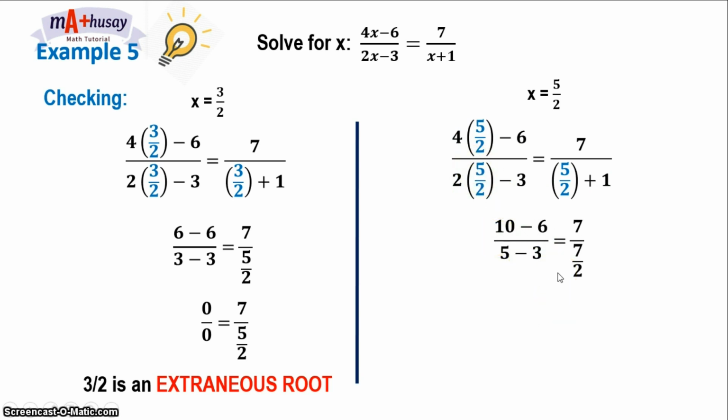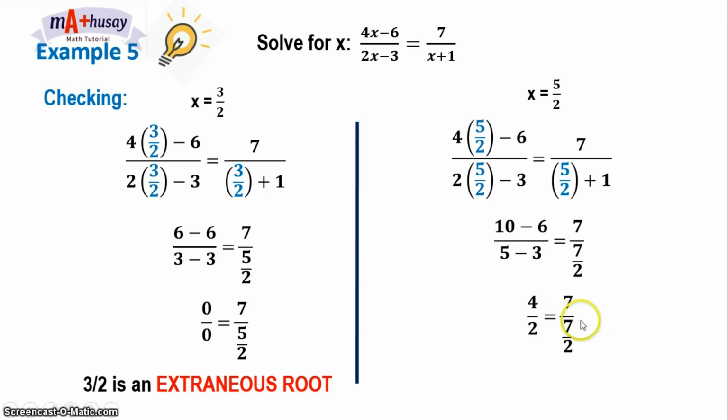So, sa right side of the equation, sinimplify natin ang denominator. So, since you're adding a fraction and a whole number, 2 times 1 is 2, plus 5, that's 7. Kaya 7 over 2 ang ating denominator. So, isi-simplify natin both sides of this equation. So, 10 minus 6 is 4 over 2.